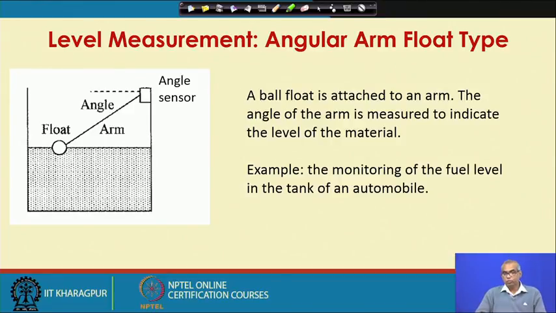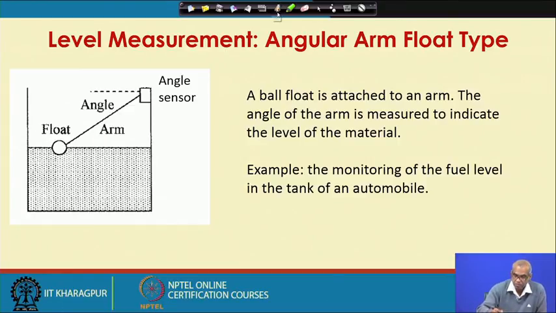Another variation of float type liquid level measurement, what you see, is known as angular arm float type liquid level measuring instrument. So, a ball float is attached to an arm. The angle of the arm is measured to indicate the level of the material.